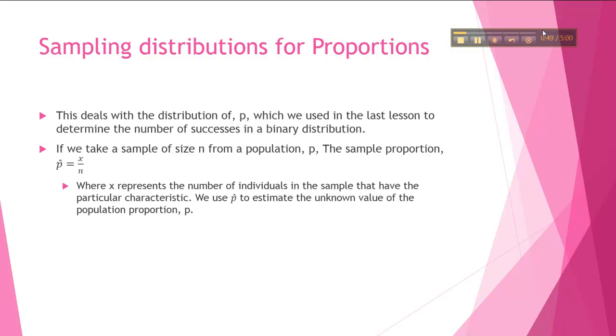So our p hat would be the number of individuals in the sample that have luxury cars over however many we chose for that sample. We use p hat to estimate the unknown value of the population proportion p.